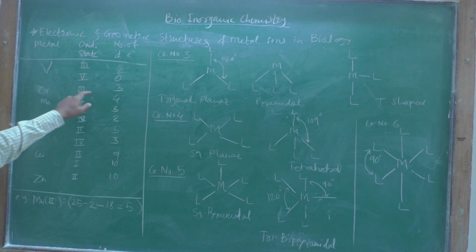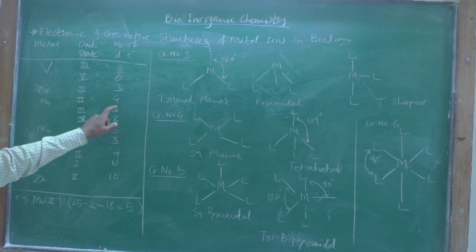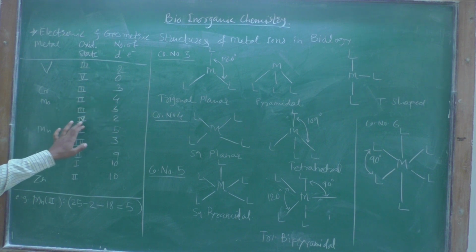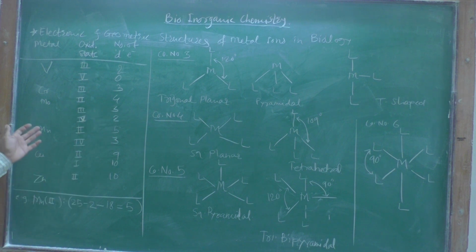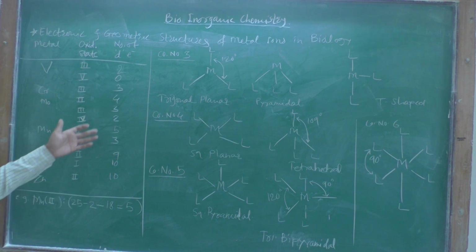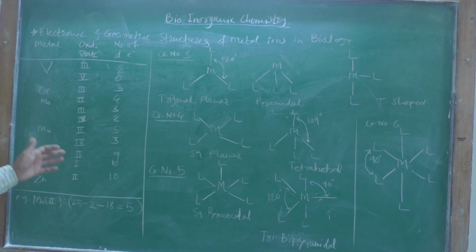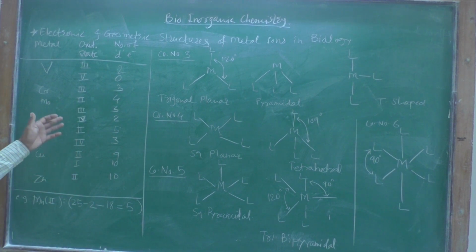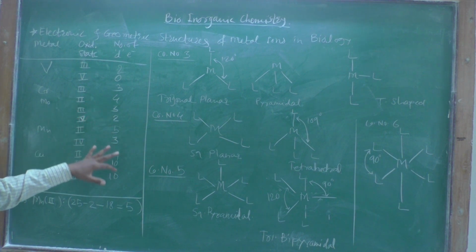For chromium 3 it is 3, for molybdenum 2 it is 4, for molybdenum 3 the d electrons are 3, and for molybdenum 4 the d electrons are 2. Manganese, copper and zinc in different oxidation states have been shown here in this fashion.